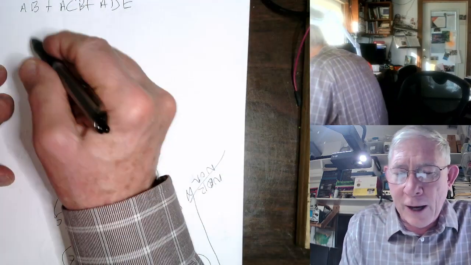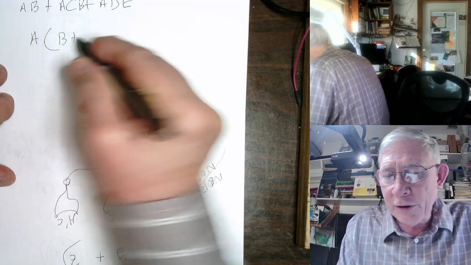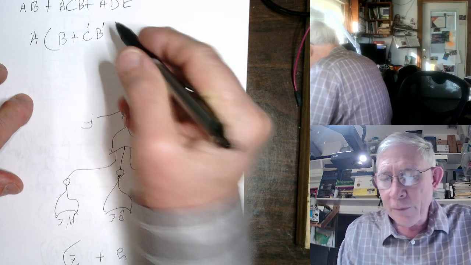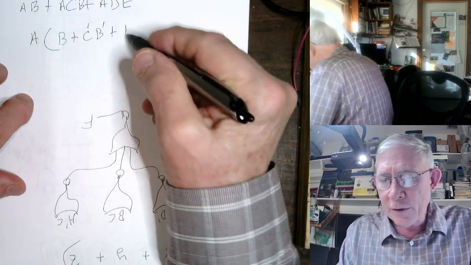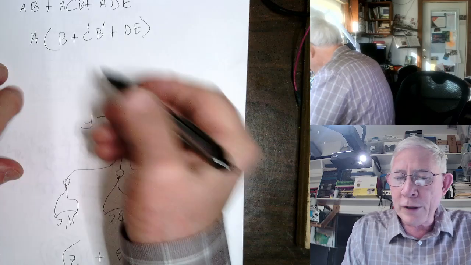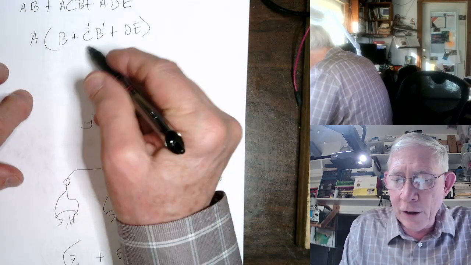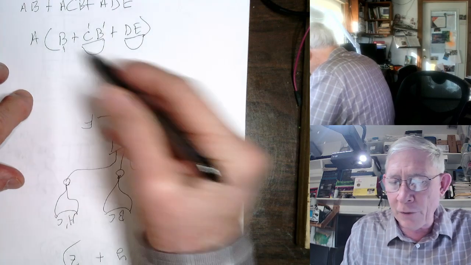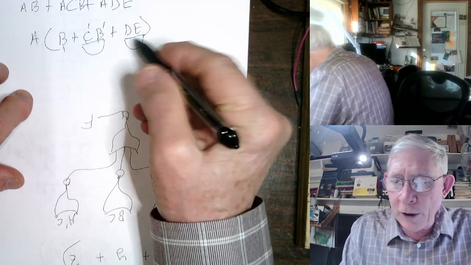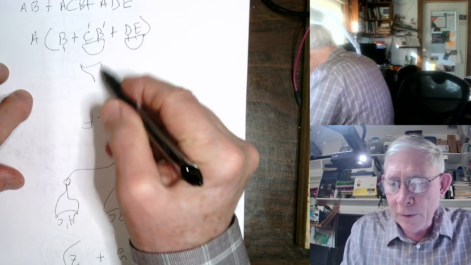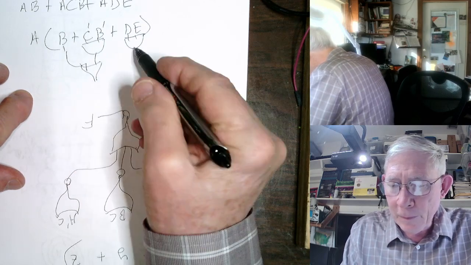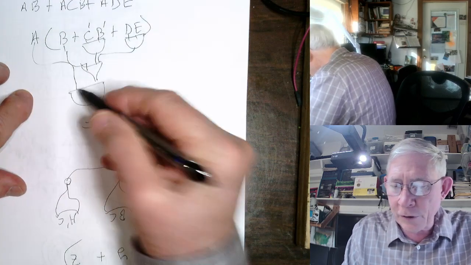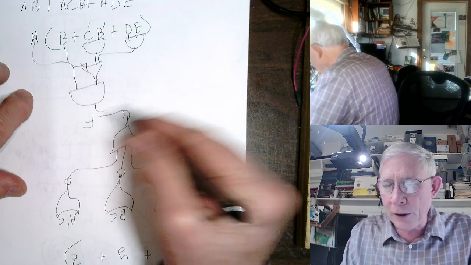Okay, we can factor the A out, and now we have B + C'B' + DE. So if you look at it, we have an AND gate here, we have an AND gate here, and we have a B by itself, and these all go into an OR gate, and that OR gate then goes into an AND gate along with this single variable A, and that's our output F.